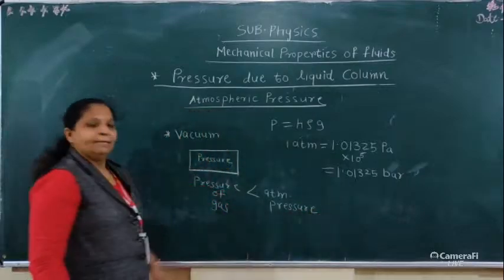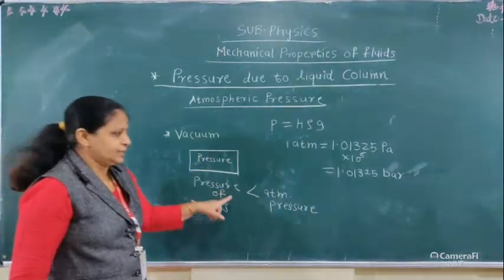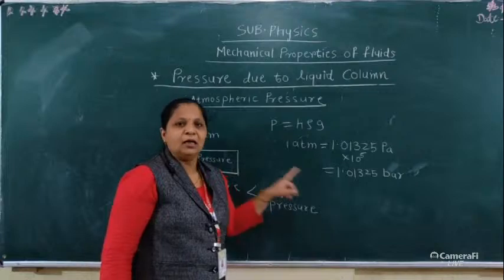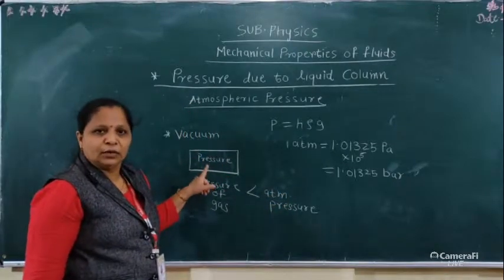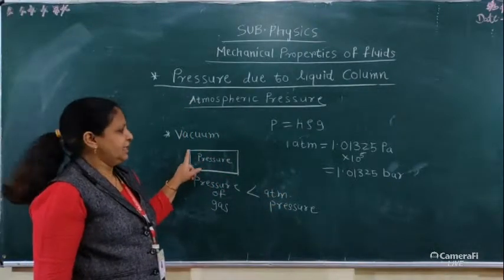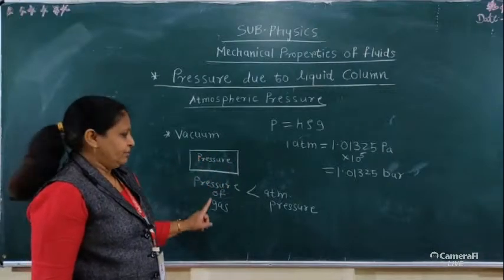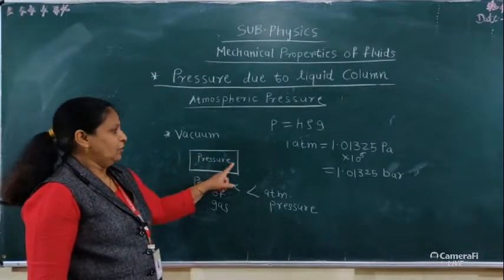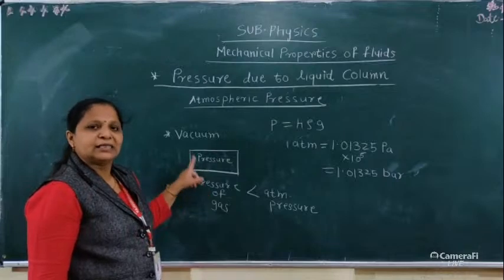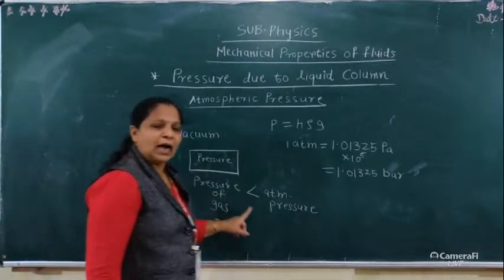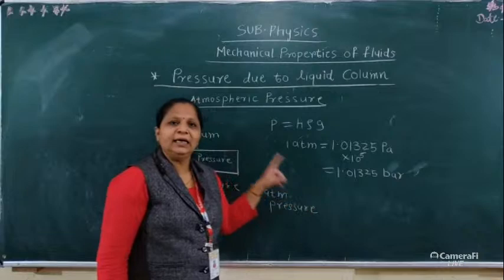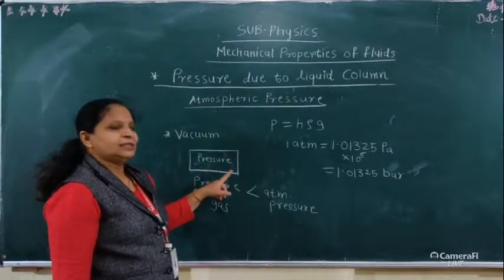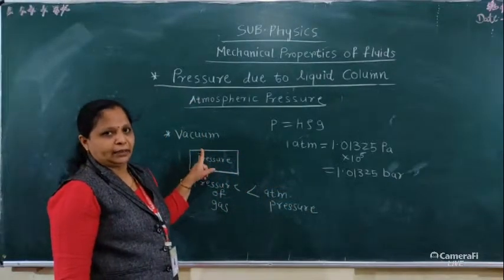So when the pressure of gas is less than atmospheric pressure, the region is known as a vacuum. म्हणजेच या रिजनचा प्रेशर जो आहे जे तिथं उपलब्ध असतील गॅसेस तर त्या गॅसचा प्रेशर जो आहे तो ॲटमॉस्फेरिक प्रेशरपेक्षाही कमी असणार आहे. म्हणजेच त्या रिजनला आपण काय म्हणणार आहे व्हॅक्यूम.